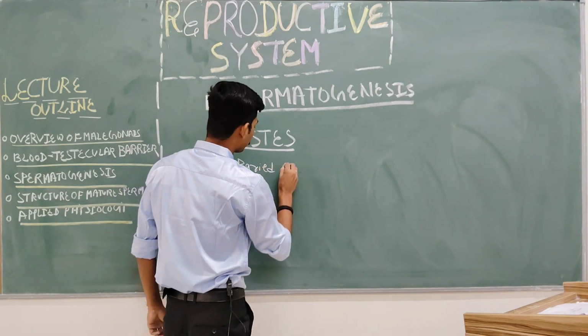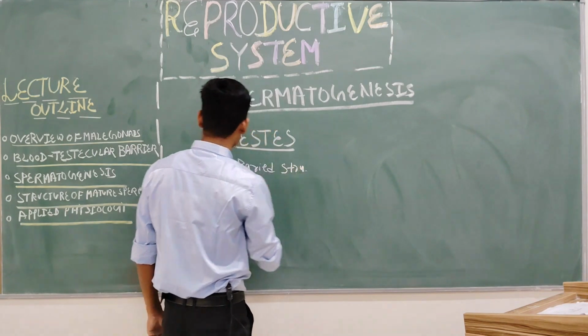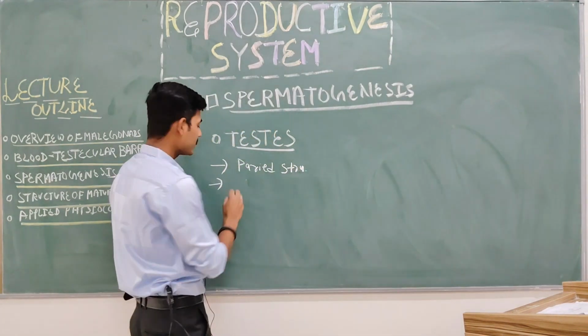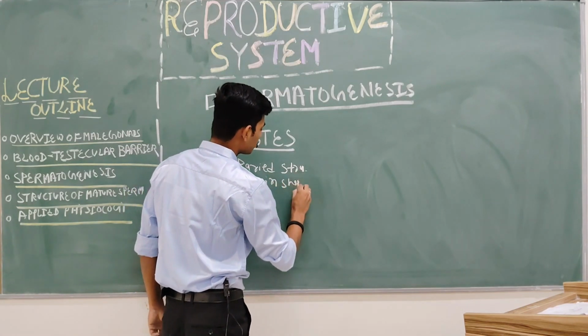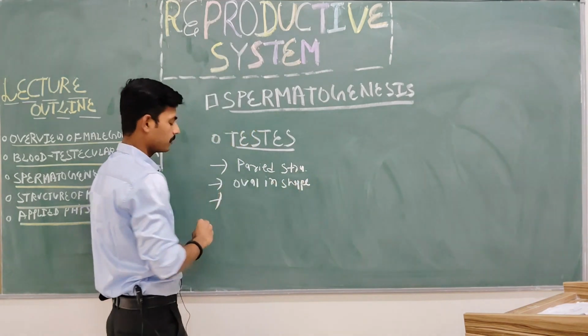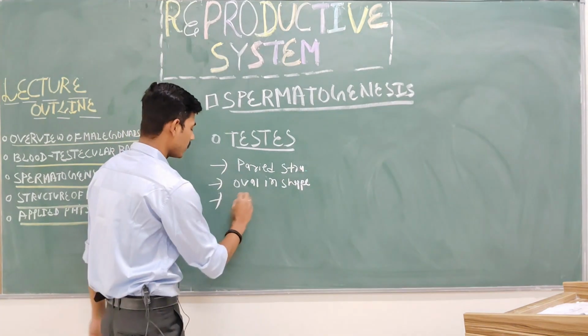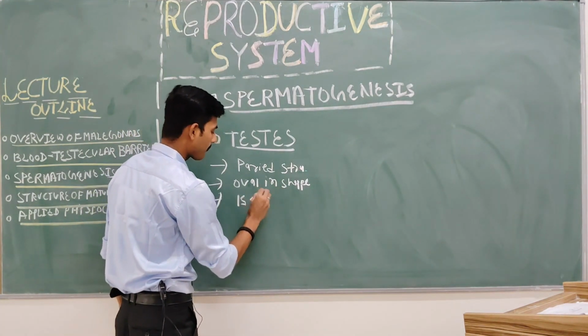Okay, it's a paired structure. Now the second thing is that it is oval in shape. Hand in hand we also measure their weight. Their measured average weight is 15 gram.